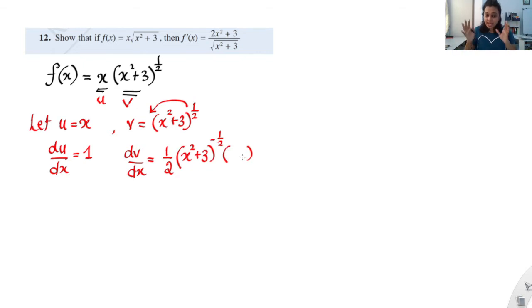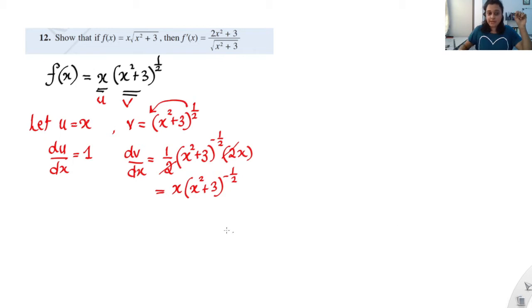Don't forget the last part: you have to differentiate whatever is inside the bracket, and you get 2x. Now we can simplify 1 over 2 times 2, so it is no longer there. You are left with x squared plus 3 to the power of negative 1 over 2.